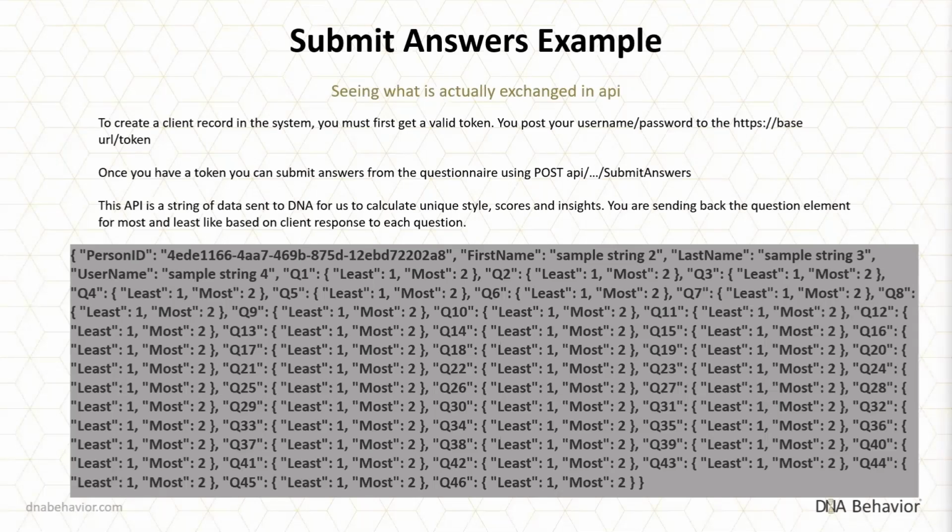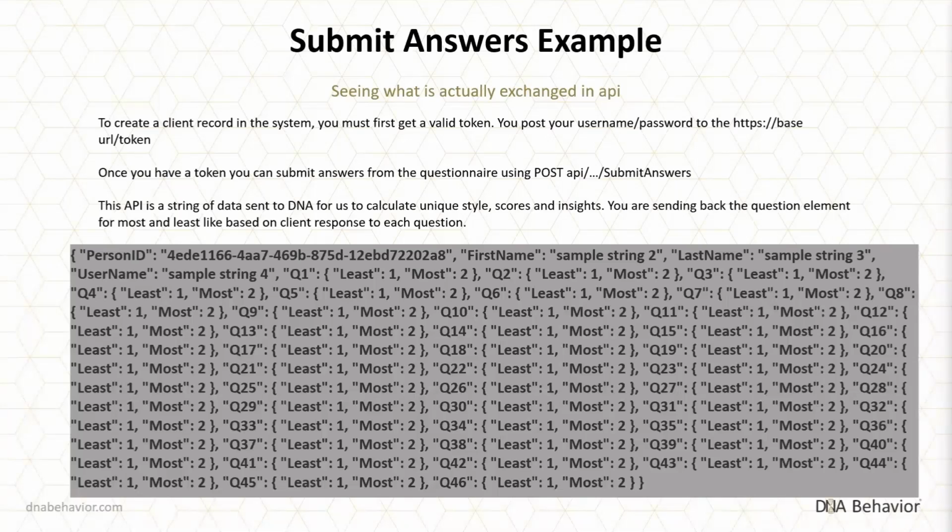You can see an example of how we do that at DNA Behavior through a trial. But then what you're going to do is send us something that looks like this, where you're sending us an indicator of who this person is and their first name and last name and their username. And then you're sending us for question 1, what did they score least like them and what did they score most like them? For question 2, what was least and what was most?